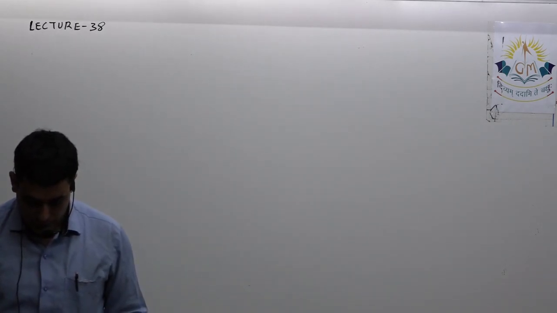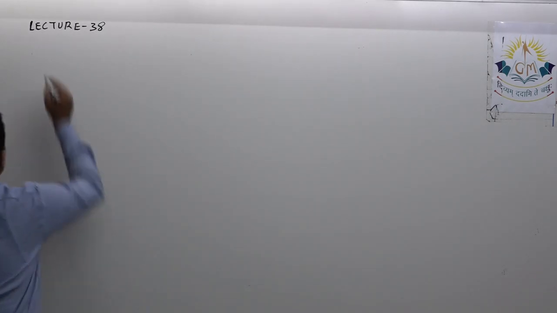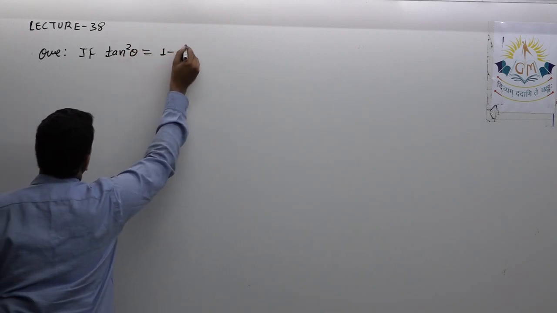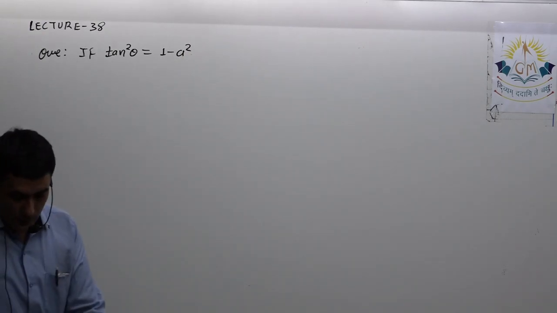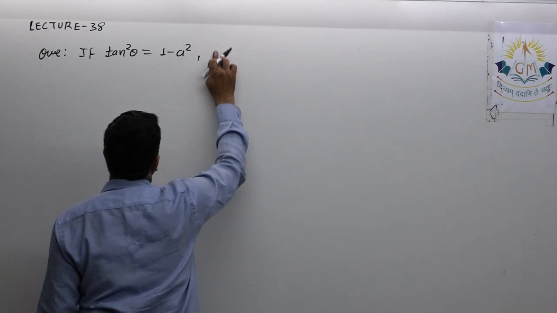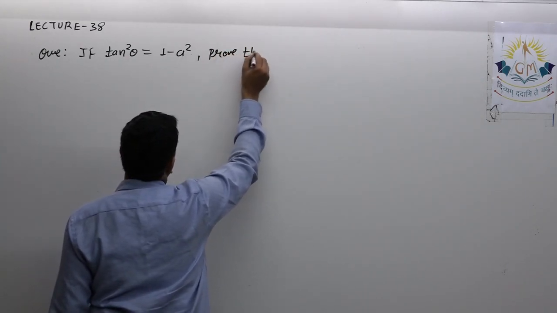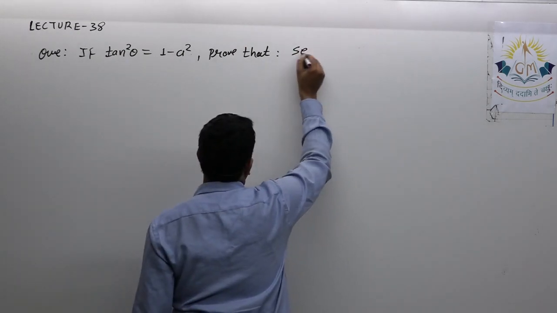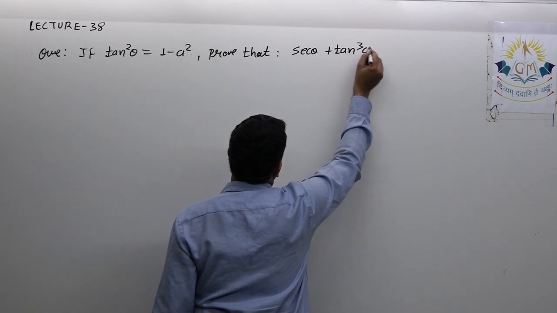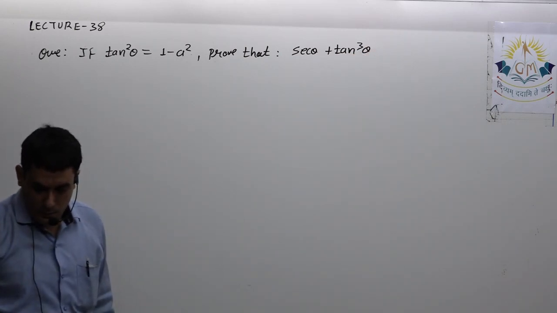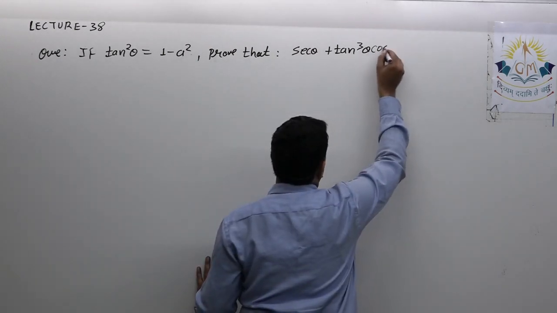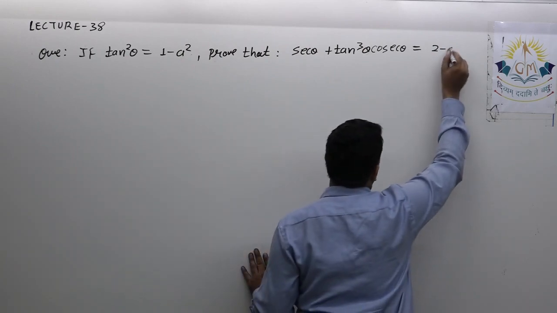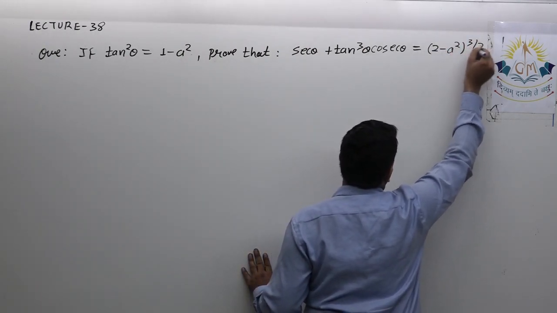Okay, now the next question is, if tan square theta is equal to 1 minus a square, then prove that sec theta plus tan cube theta cosec theta is equal to (2 minus a square) raised to 3 by 2.